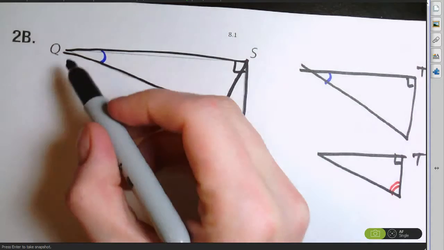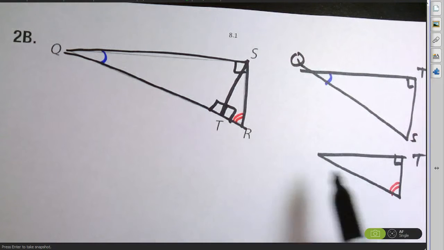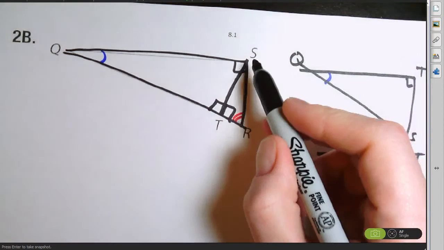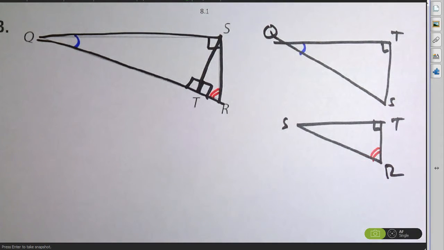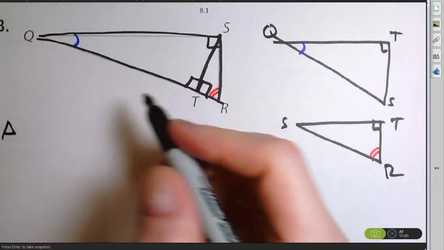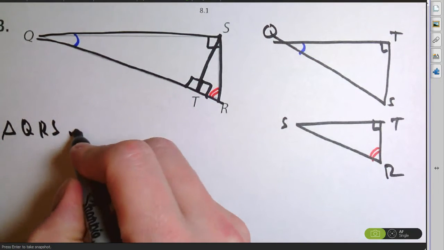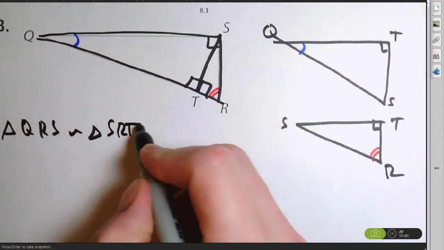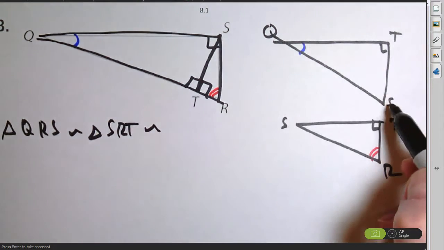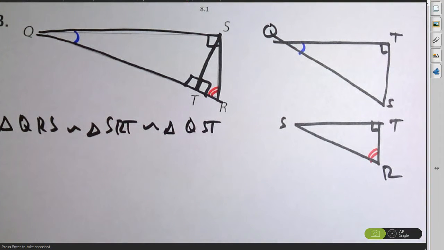Single blue is with Q. Leftover is S. Double red is with R. Leftover for that guy is also at S. So now I can say triangle QRS is similar to triangle SRT, similar to triangle QST. There we go.